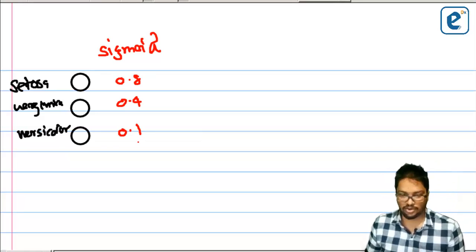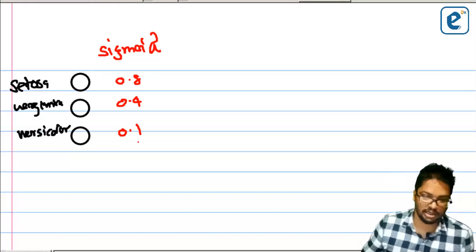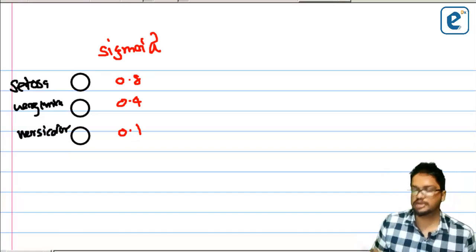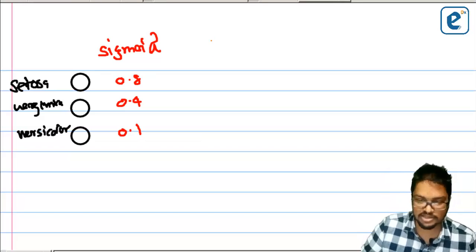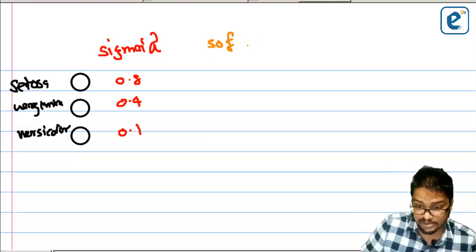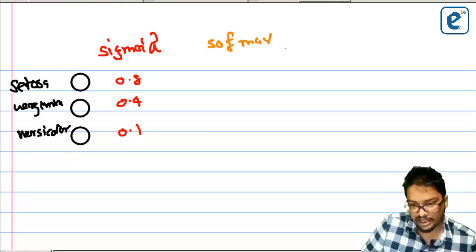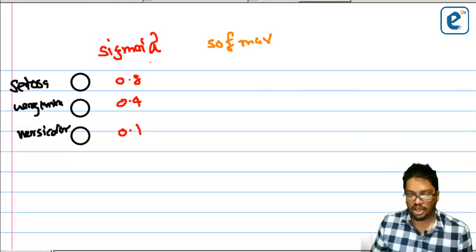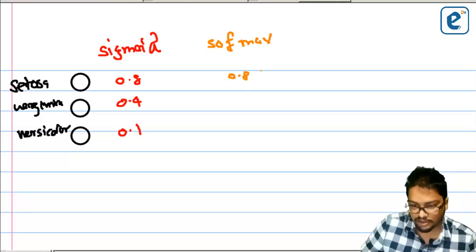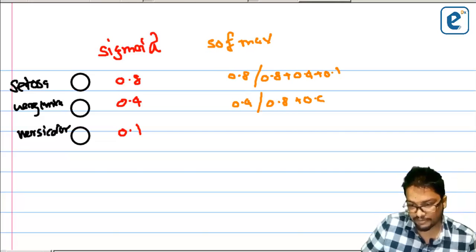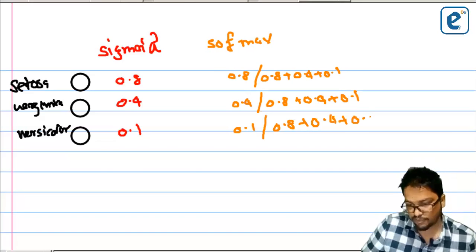Softmax is quite similar to sigmoid, with only one difference. If you had a softmax activation here instead of sigmoid, you would not get 0.8, but 0.8 divided by 0.8 plus 0.4 plus 0.1. And here also 0.4 divided by 0.8 plus 0.4 plus 0.1, and here 0.1 divided by 0.8 plus 0.4 plus 0.1.